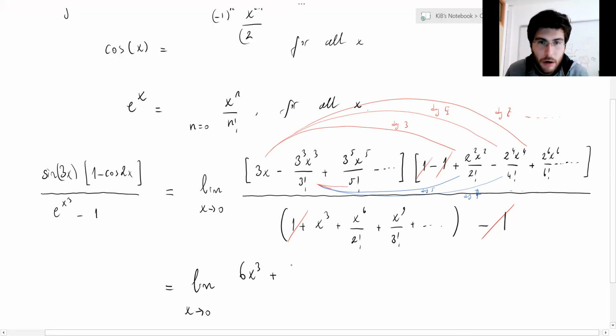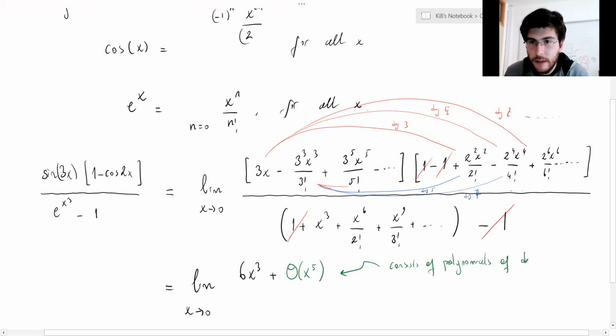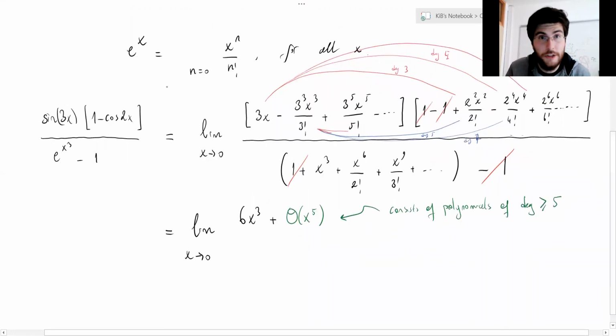This is called the big O notation, O of x to the 5. The meaning of this notation is that these consist of polynomials of degree at least 5.